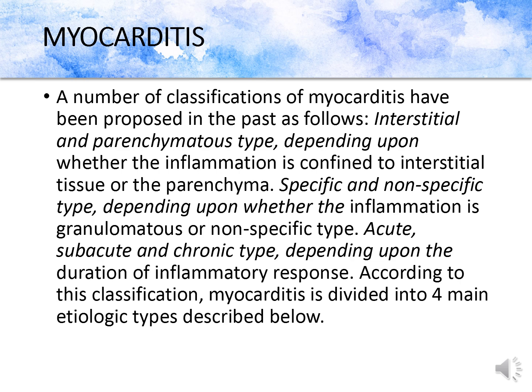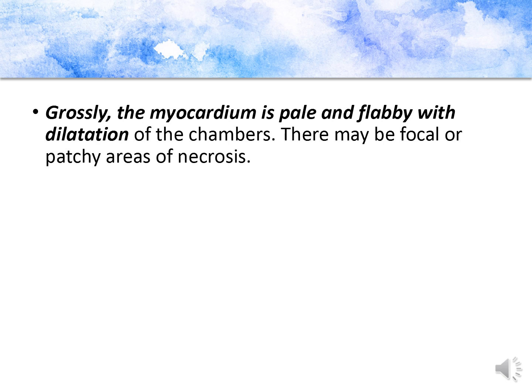Specific and non-specific type, depending upon whether the inflammation is granulomatous or non-specific. Acute, subacute, and chronic type, depending upon the duration of inflammatory response. According to this classification, myocarditis is divided into 4 main etiological types described below.